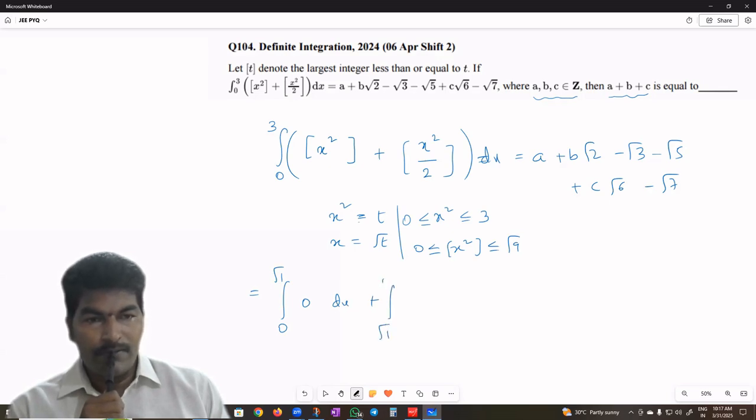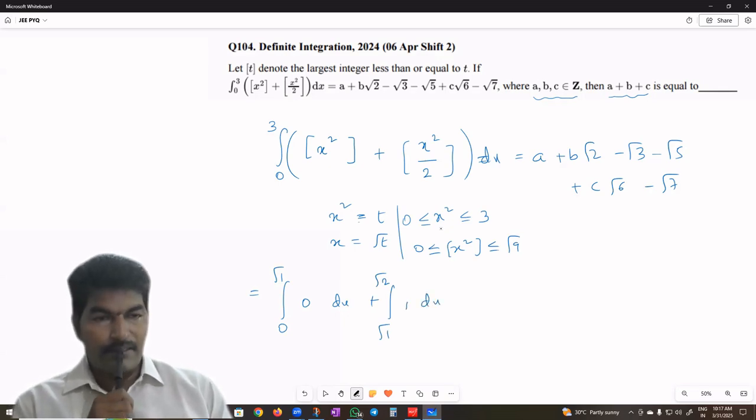Next, √1 to √2. The step value is 1. Between these two, always the lower limit will be the quotient here. Look at this, in this way you should write. Plus, the next is √2 to √3.